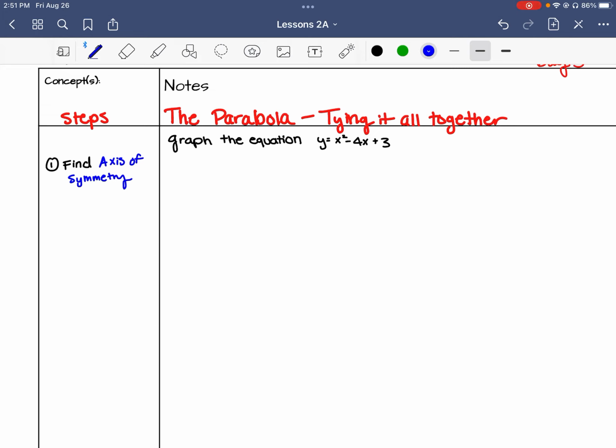And remember that with axis of symmetry, we use a formula, and it is x equals negative b over 2a. So over here, I'm going to write my formula. X equals, because I'm finding axis of symmetry, negative b over 2a.